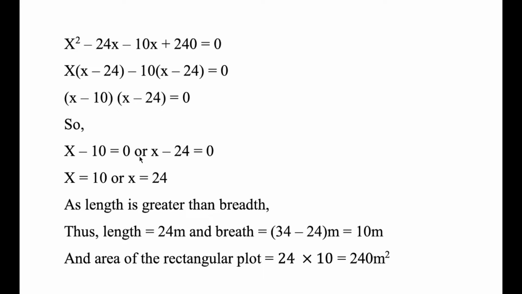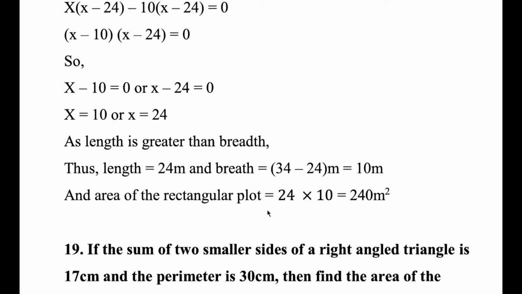The value of x will be either 24 or 10. As length is greater than its breadth, so length will be 24. And breadth will be 34 minus 24, that is 10 meter, and area of the rectangular plot will be 24 into 10, that is 240 meter square.